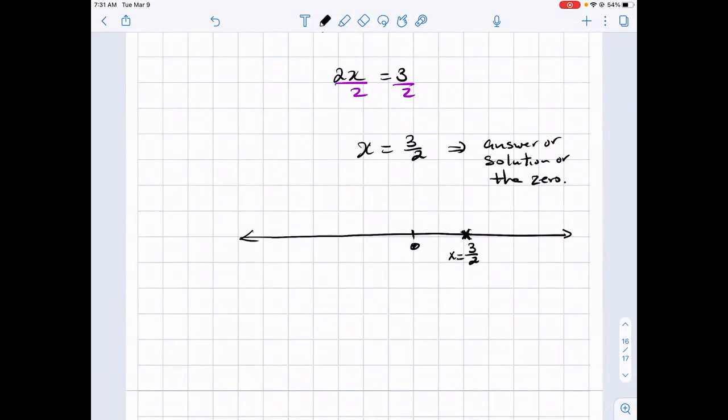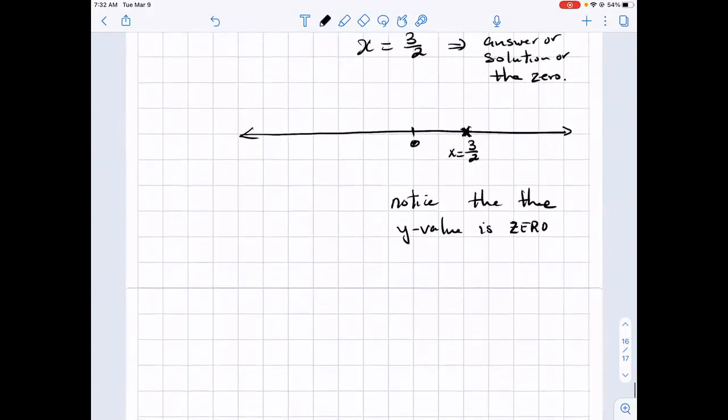But notice that the y value is 0. Okay. The y value is 0. And that's why we call this the zeros of the function.